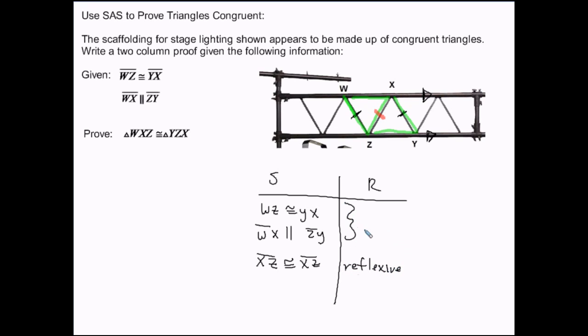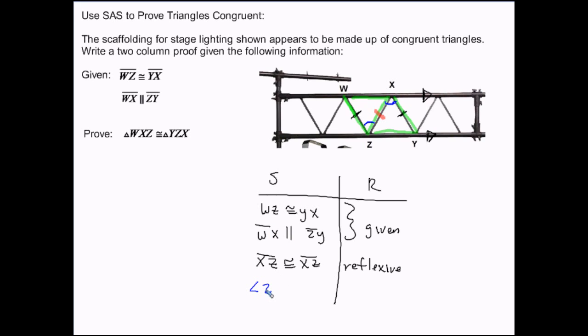I forgot to write given. Okay. So I have a side and a side, two sides. So I either need the third side or I need the angle. Because these are parallel and this is a transversal, I know that these are congruent.